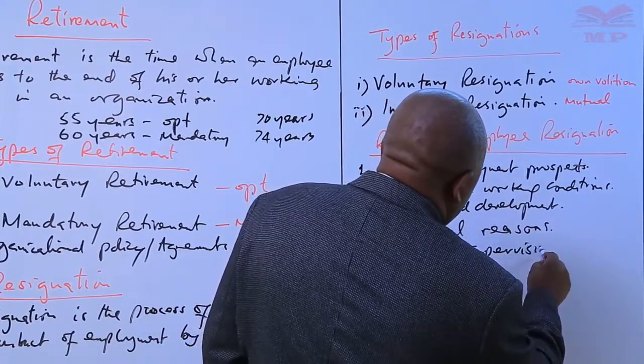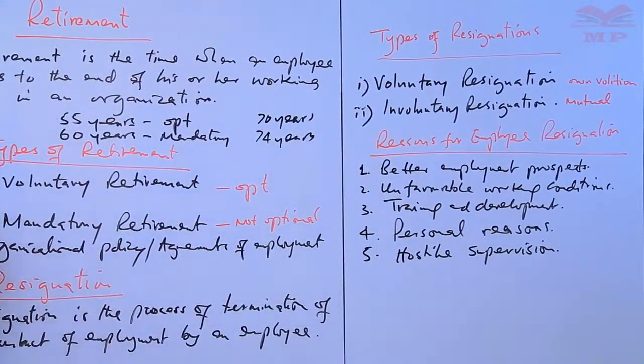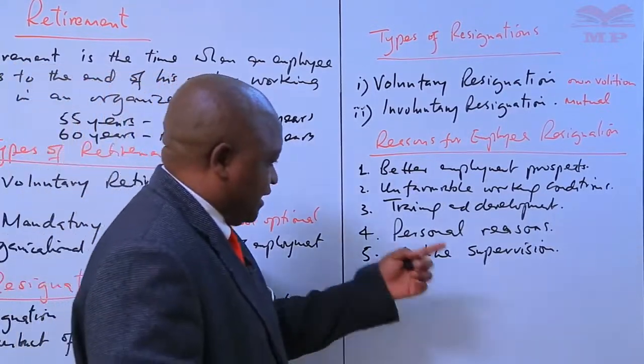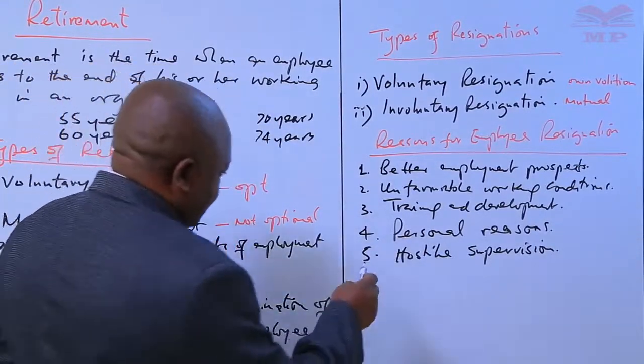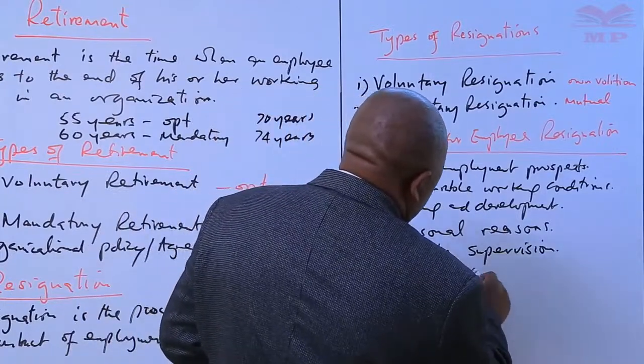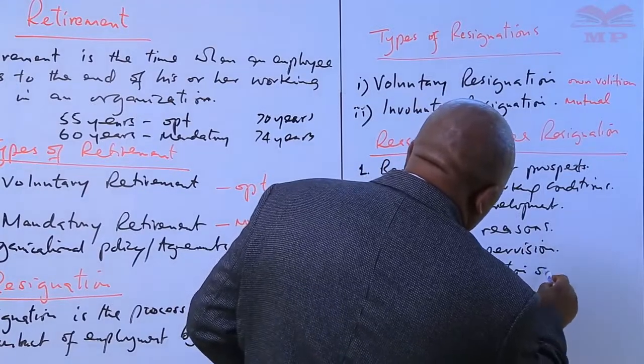Where the supervision within an organization is hostile to workers, that could make employees leave because of the hostility. Then 6, lack of promotion opportunities.